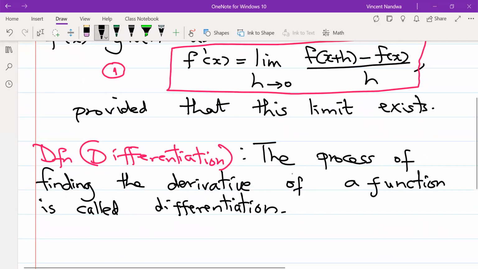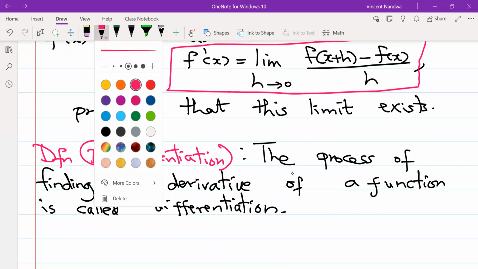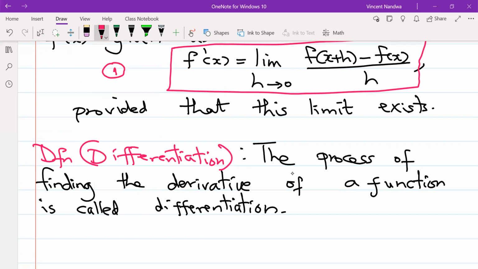We can also define the derivative with respect to a specific value of x, the derivative at a point.